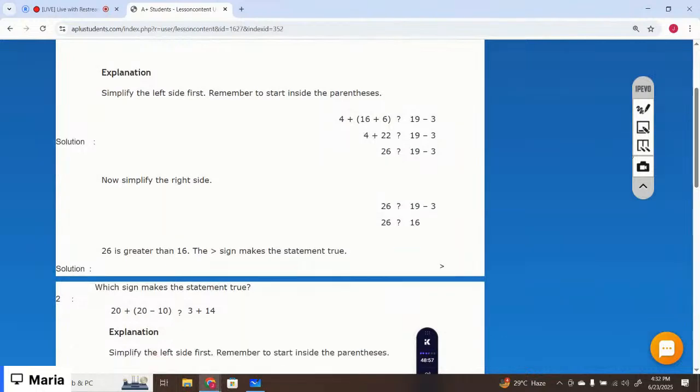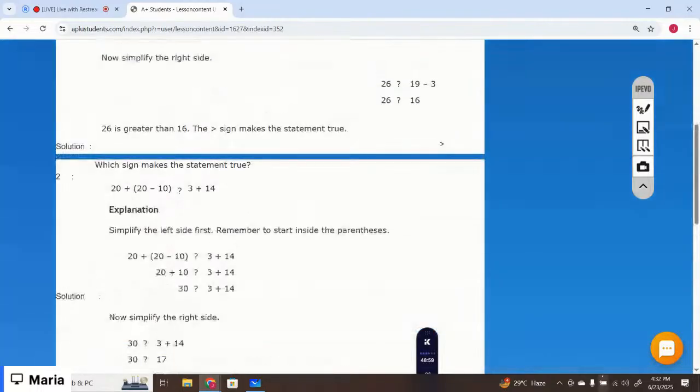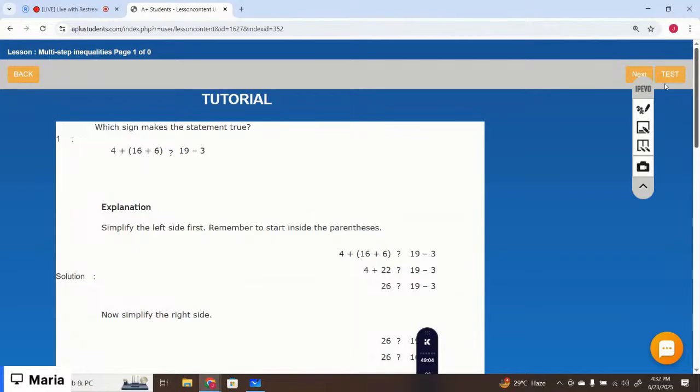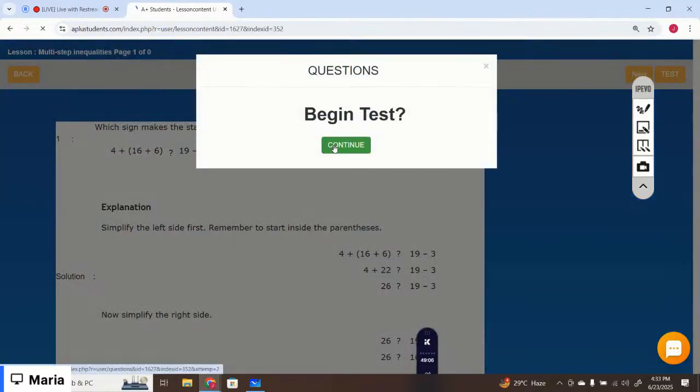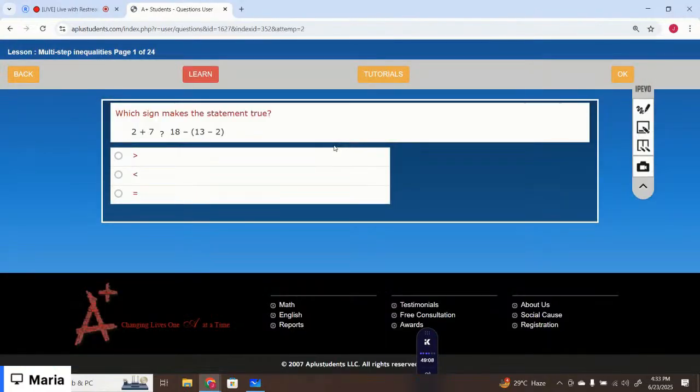Let's just start with test questions. 4 plus 7 and 18 minus 13 minus 2.